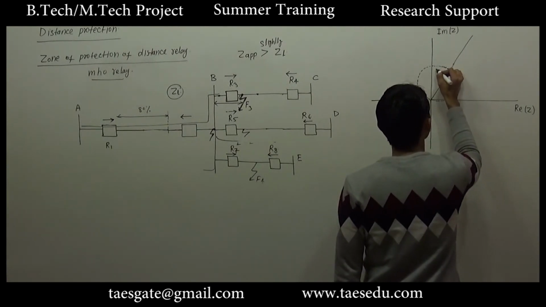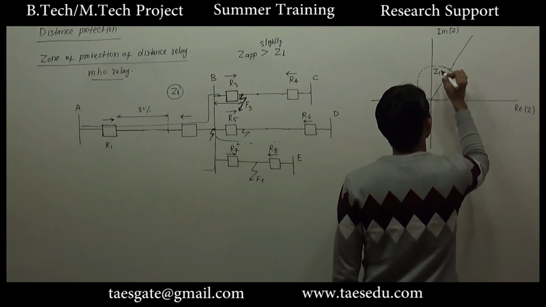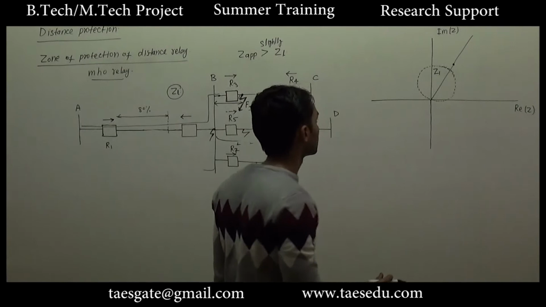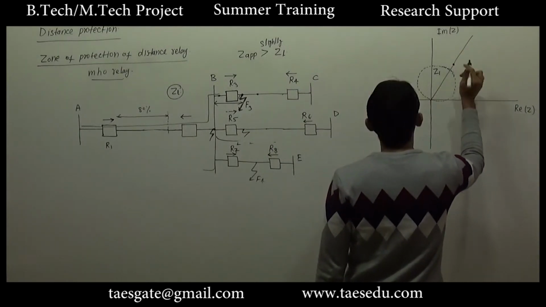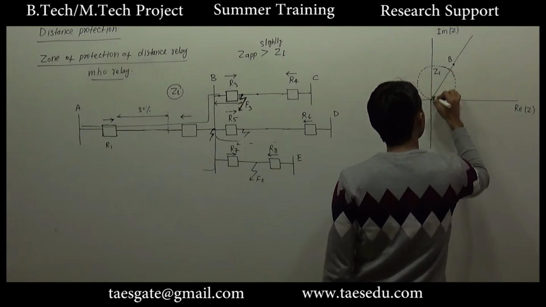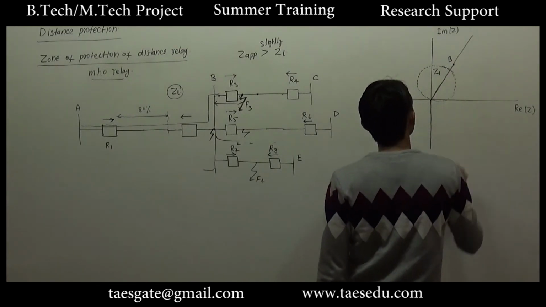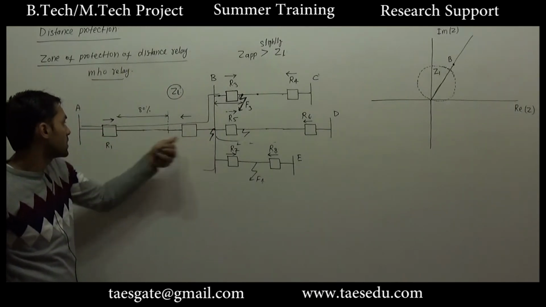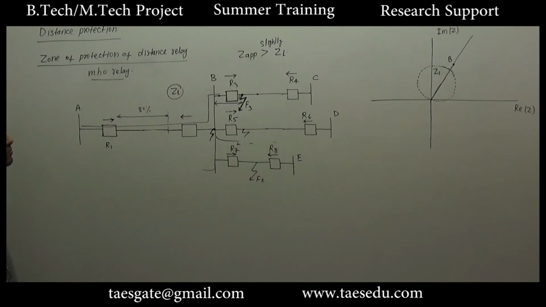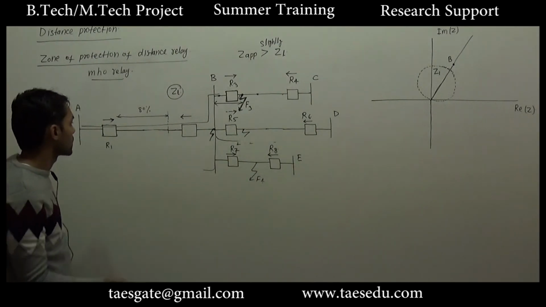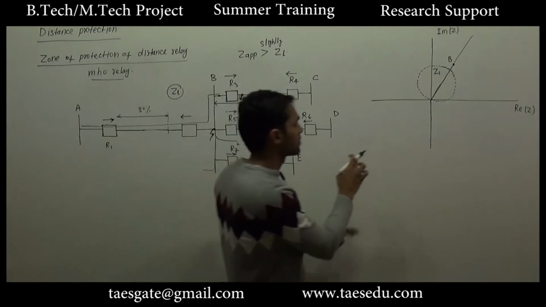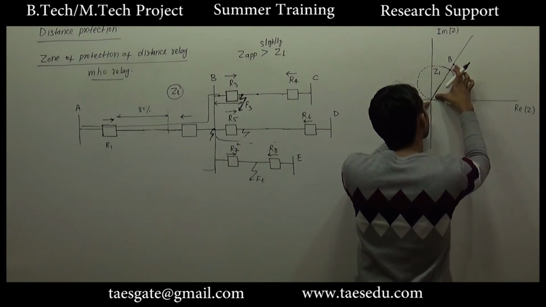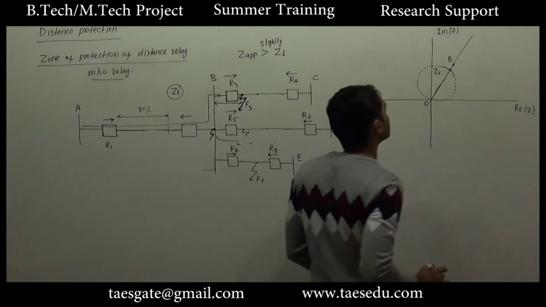This will be boundary of zone 1, and this length represents the impedance up to bus B as seen by relay R1. And for zone 1 protection, the reach of the line is 80% only, so this length I have drawn only 80% of the length, let's say OP.